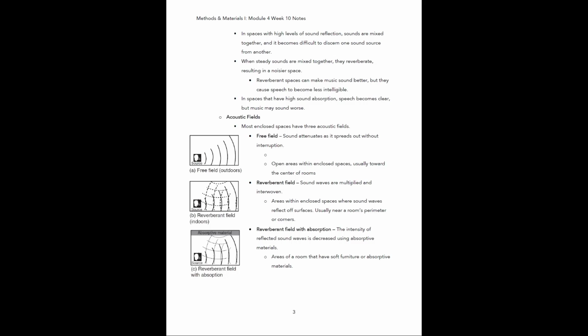All right, so if you think back to last week, I mentioned we're going to be treating surfaces with special materials that are going to reduce the way that these sound waves are being reflected. All right, so again, these types of areas, maybe places that have soft furniture or some kind of special acoustical material applied.